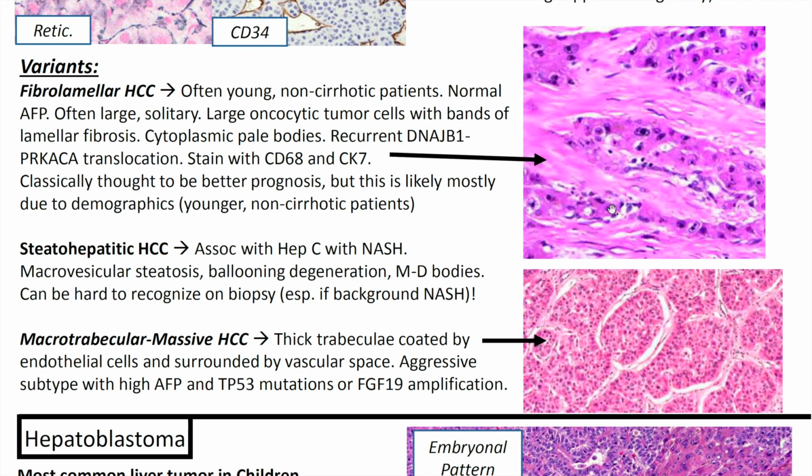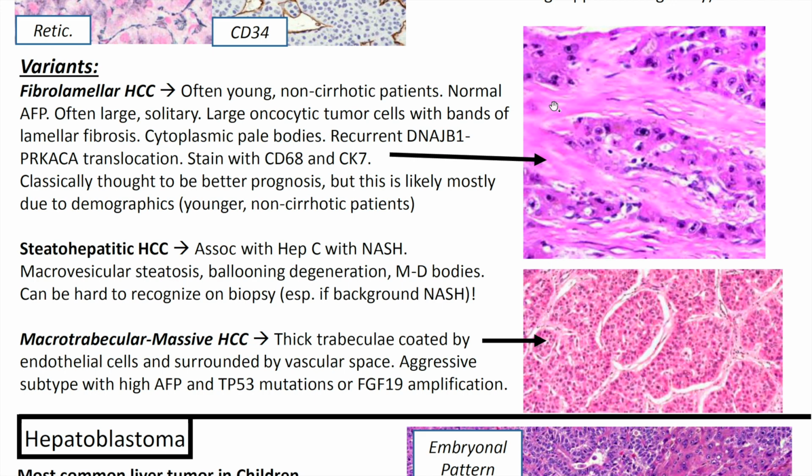So microscopically, you're going to see large oncocytic tumor cells with bands of lamellar fibrosis, like we're seeing here, with cytoplasmic pale bodies and recurrent DNAJB1-PRKACA translocation. So a fibrolamellar HCC can stain with CD68 and CK7.